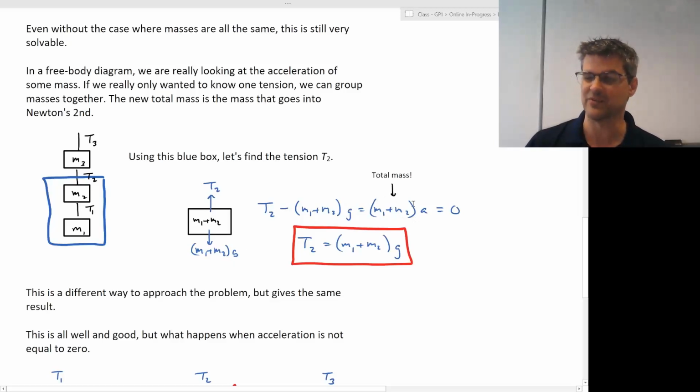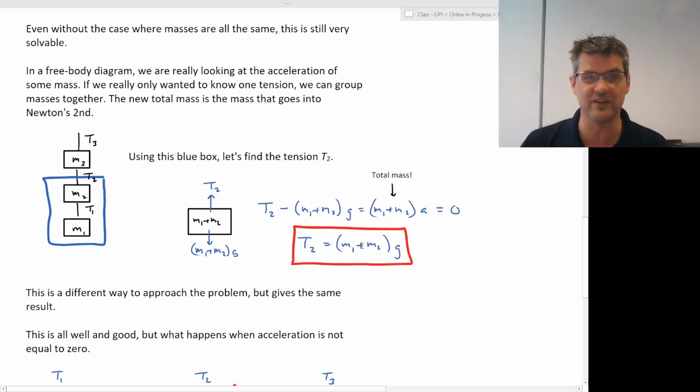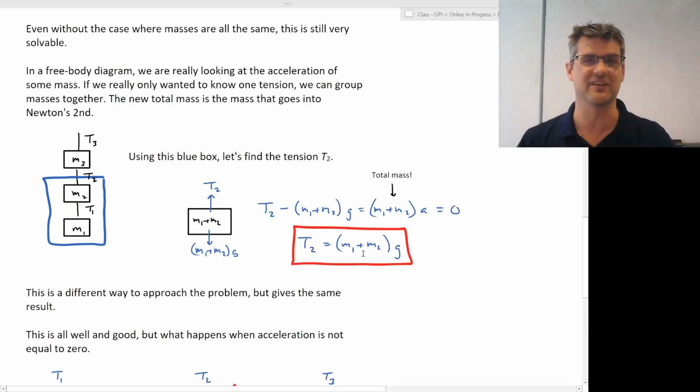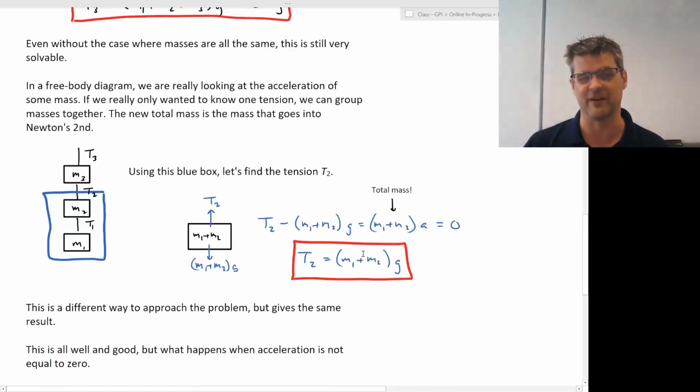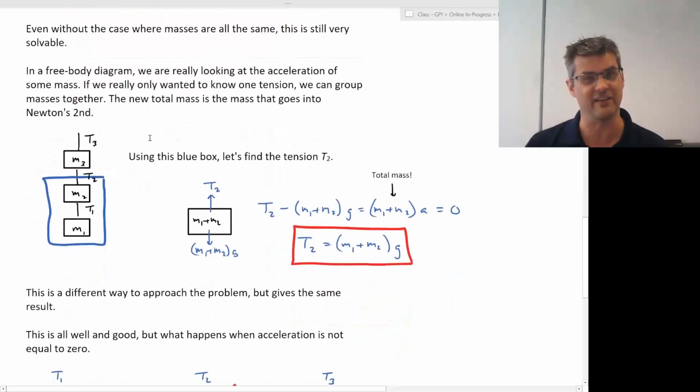This is going to be equal to the mass in the free body diagram, which is m1 plus m2, times the acceleration of the diagram, which in this case is 0. So rearranging terms, T2 is going to be the quantity m1 plus m2, g. And I didn't need to know T1, and I don't need to eventually find out what T3 is. I can do it in one step, if I want to, with the creative application of a free body diagram of my choosing. You'll notice it's the same answer that I found with the other technique.